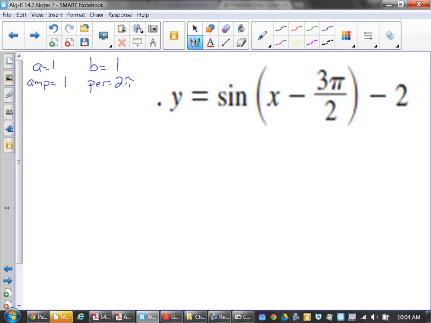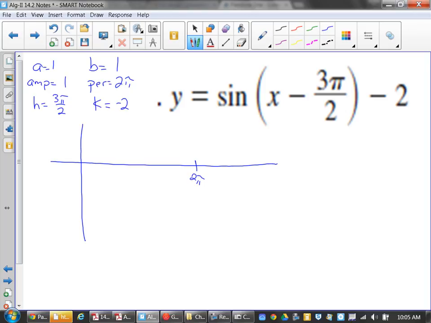Okay. I know that I have an H of what? Very good. And a K value of -2. So we know that this graph's going to have to move to the right and down. You okay with that? So I'm going to over-exaggerate my graph again. I'm going to bring my x-axis up a little bit and extend it out and put my 2 pi here.